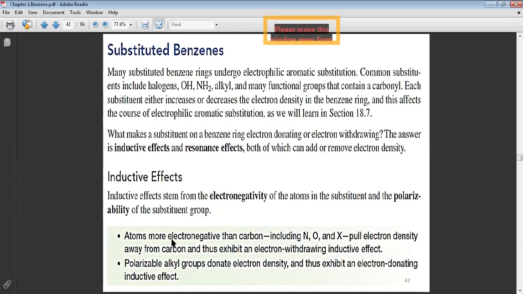Atoms more electronegative than carbon, including nitrogen, oxygen, halogens, pull electron density away from the carbon, any carbon, students, carbon of the benzene ring, and this exhibits an electron withdrawing inductive effect.